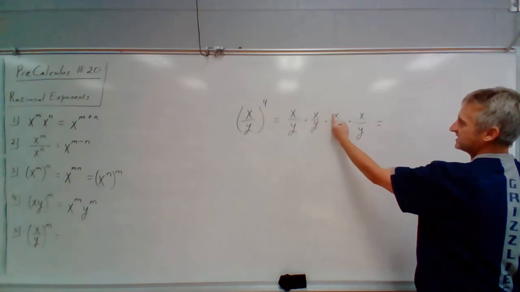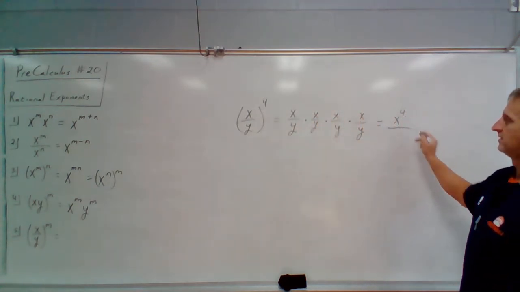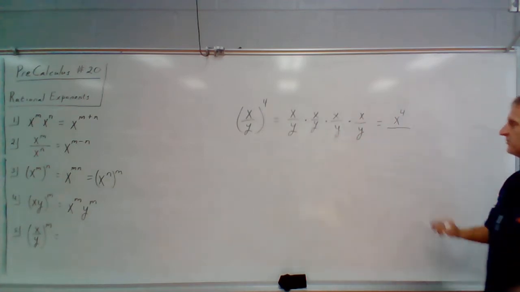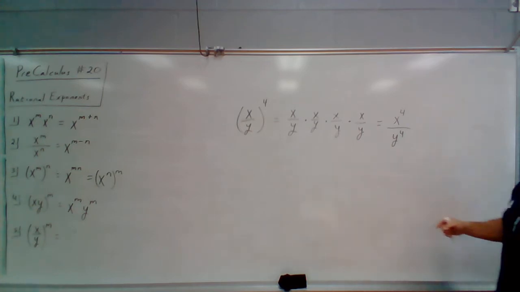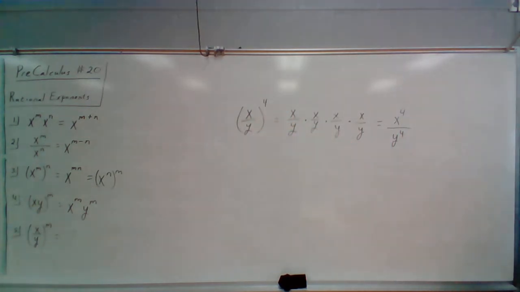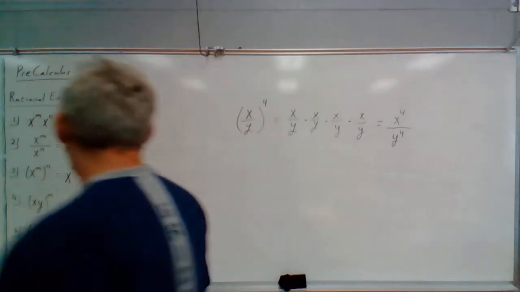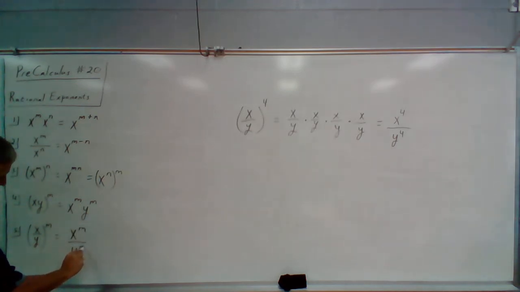So x times x times x times x, that's x to the 4th. And y times y times y times y, that's y to the 4th. Okay, so again, this 4 applies to both the x and the y. So x over y to the m would be x to the m over y to the m.